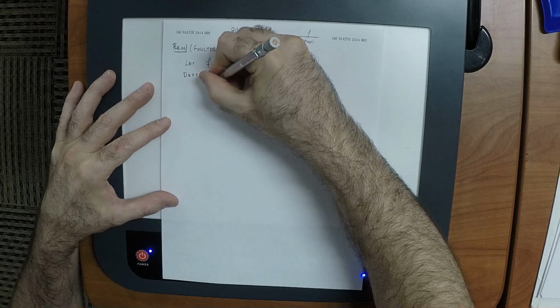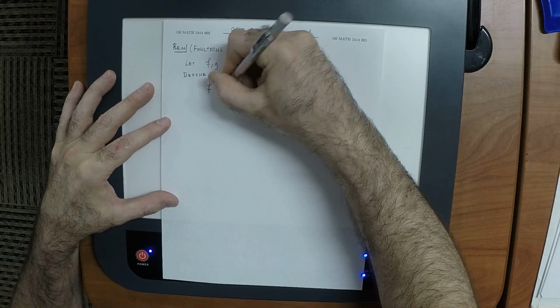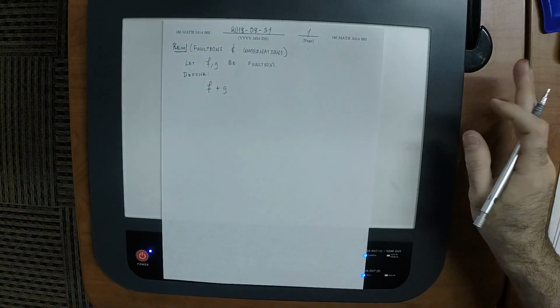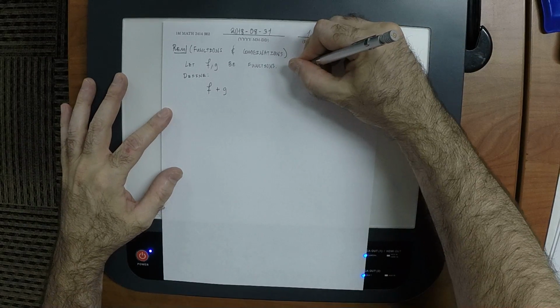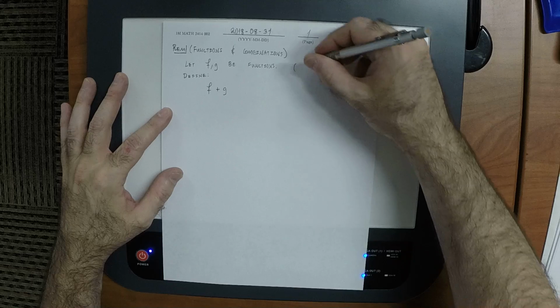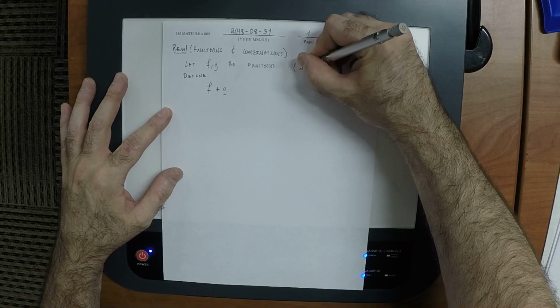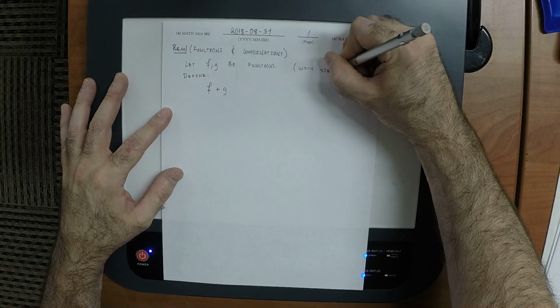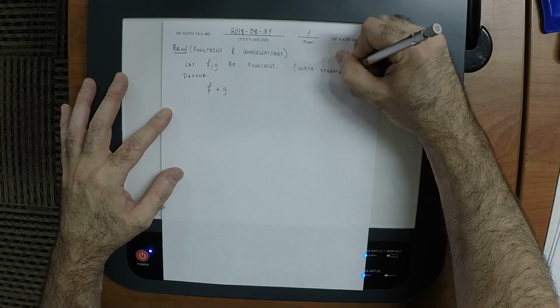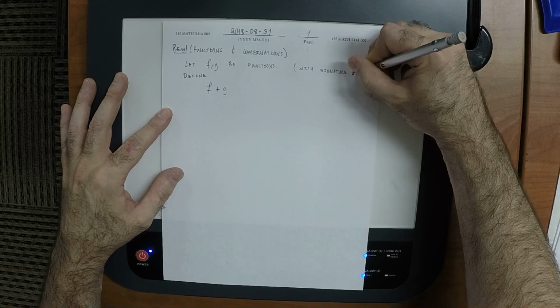We want to say f plus g. So that's a thing, right? f plus g are functions, and understand that in this class, whenever we say functions, we mean they have signature reals to reals.